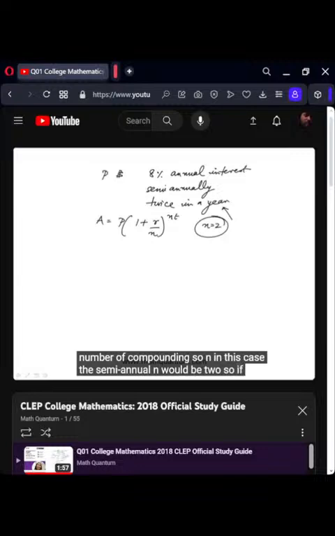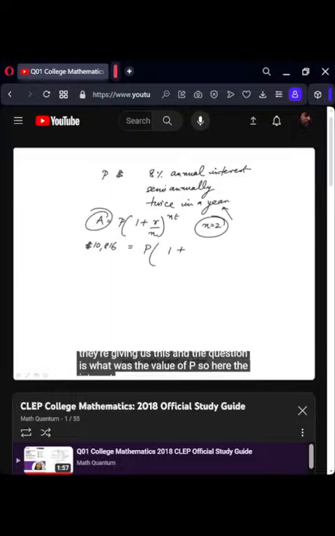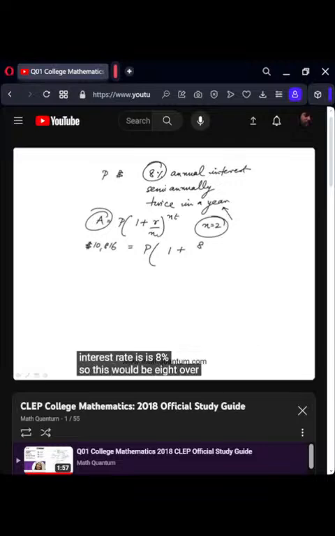So if we apply it here, they tell us that the total value after 1 year is 10,816. So they're giving us this, and the question is, what was the value of P? So here the interest rate is 8%, so this would be 8 over 100 divided by 2, and then 2 times 1.